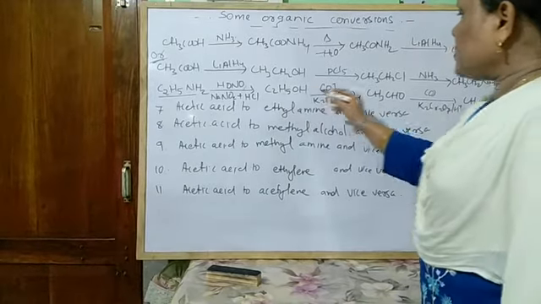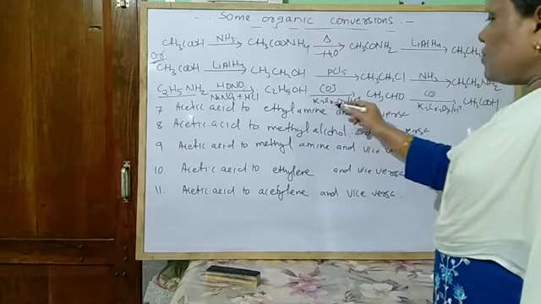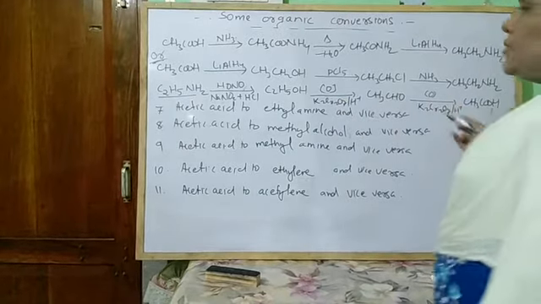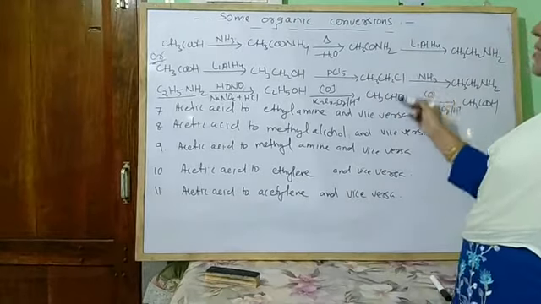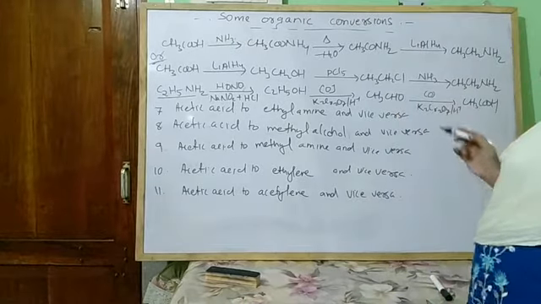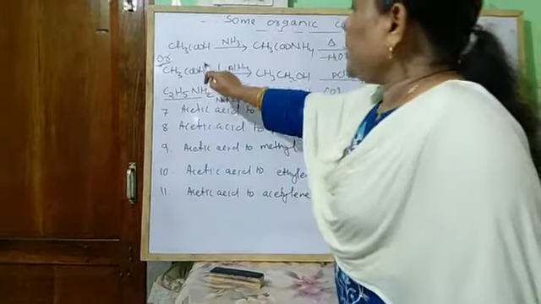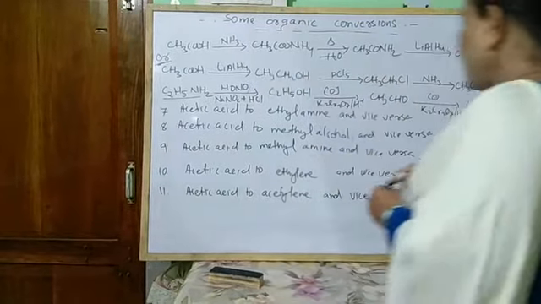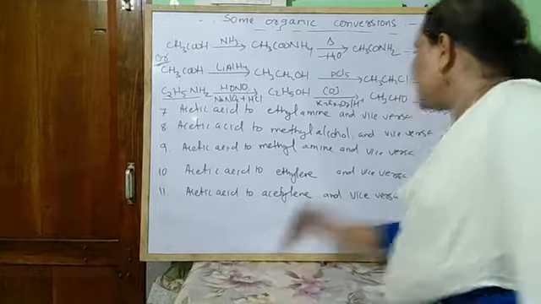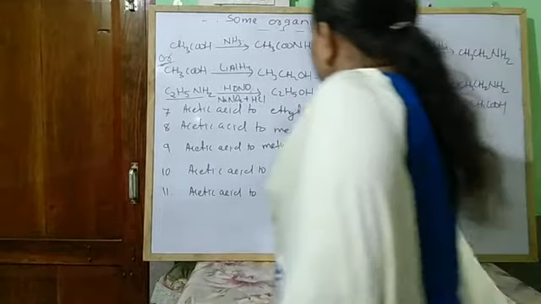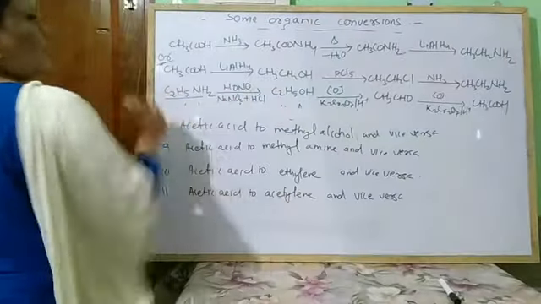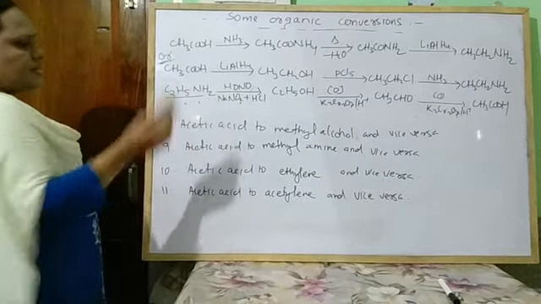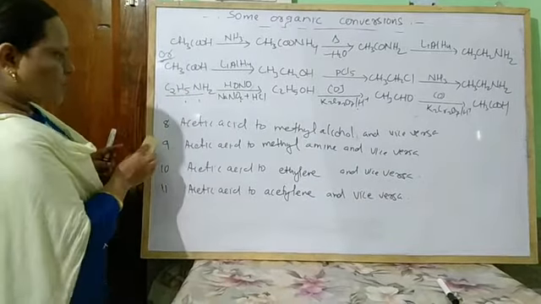Either from this alcohol you can write oxidation in 1 step, or in 2 steps, with aldehyde as the intermediate. I have written it in 2 steps. This is the conversion of acetic acid to ethylamine, and this is ethylamine to acetic acid. Next, move to the next question.